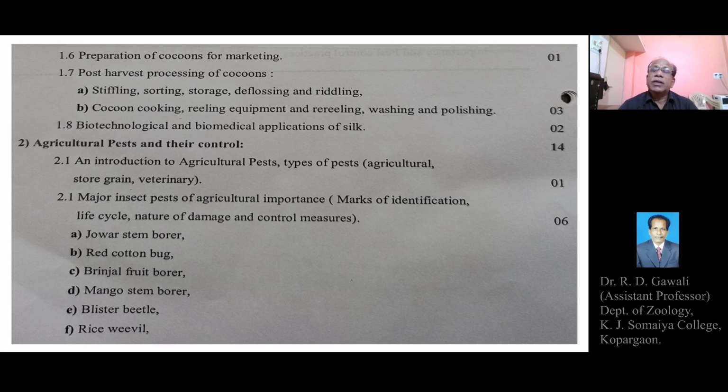Due to a cut or pierced cocoon, we cannot reel the silk thread mechanically, by using machinery or motors for the reeling purpose. So it is essential to kill the pupa inside.